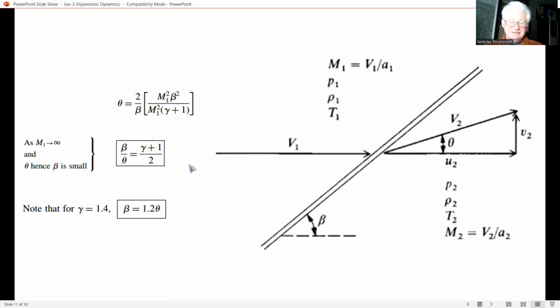Very nice. Yes. Note that for gamma equal to 1.4, we may write a more simple expression, beta is about 1.2 theta. Okay. It is interesting to observe that in the hypersonic limit for a slender wedge, the wave angle is only 20% larger than the wedge angle.